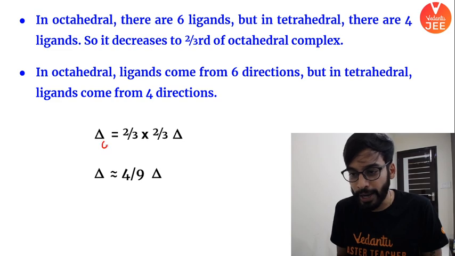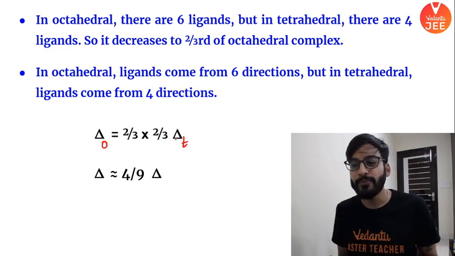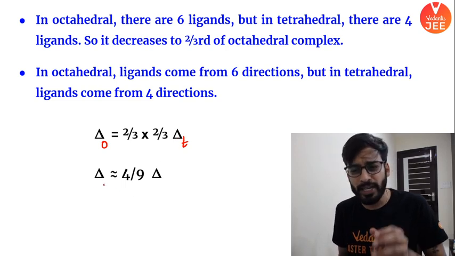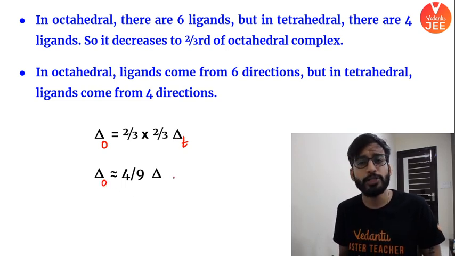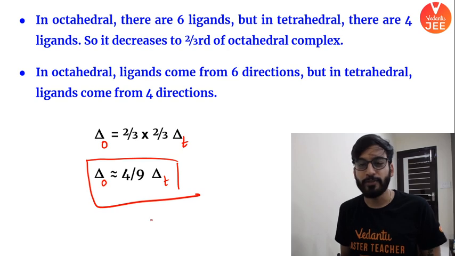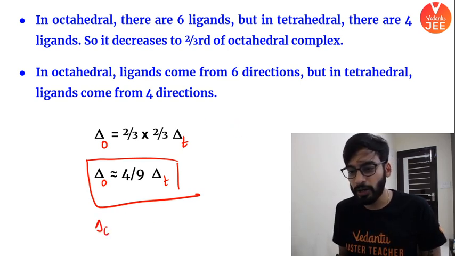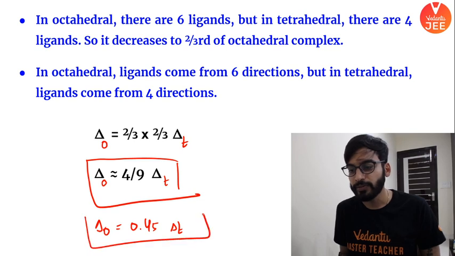It means tetrahedral splitting is 2/3 into 2/3 into delta O, so it is nearly 4/9 times the octahedral splitting. I hope the point is clear. Or if you go exact, delta T is equal to 0.45 delta O. This is exact.